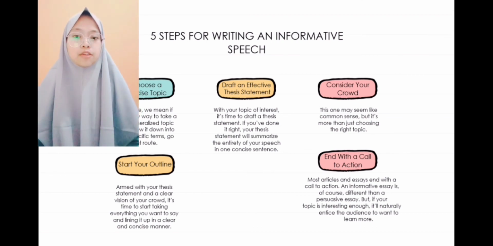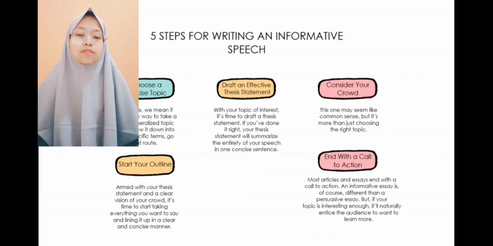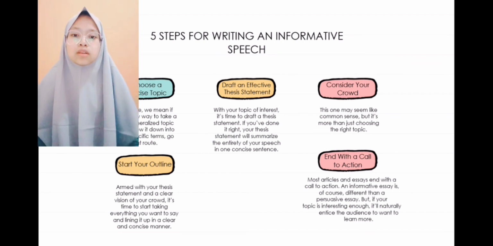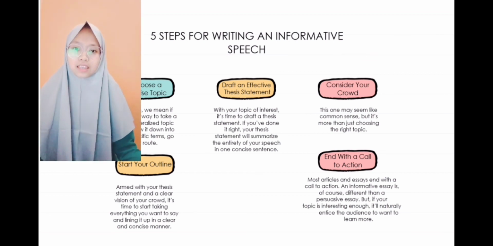The second one is draft an effective thesis statement. With your topic of interest, it's time to draft a thesis statement. If you have done it right, your thesis statement will summarize the entirety of your speech in one concise sentence.